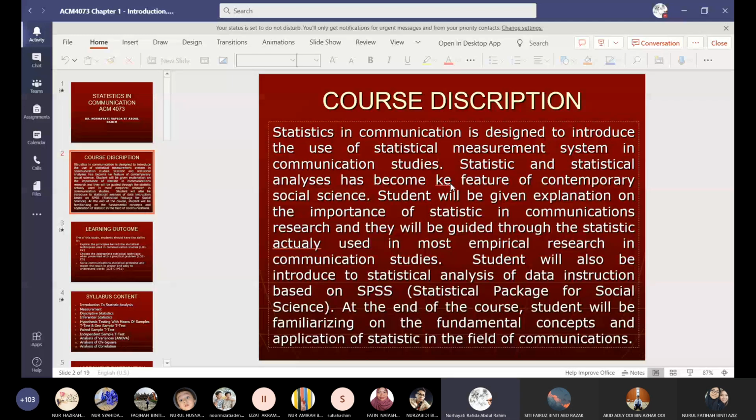For statistics, we have SPSS. I believe that you are familiar with this word, SPSS, statistical procedure for science.